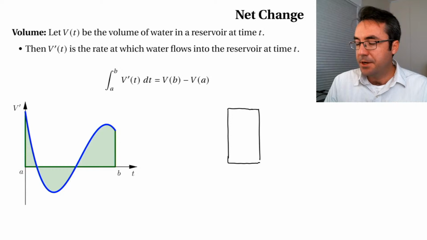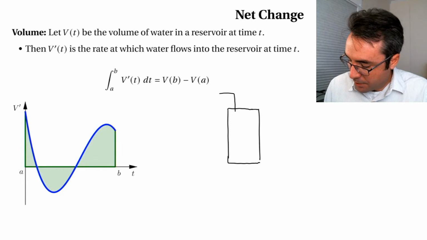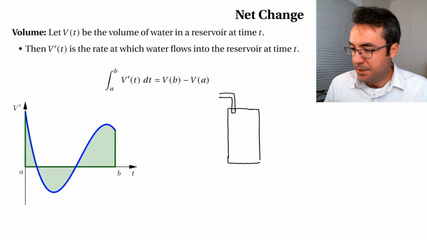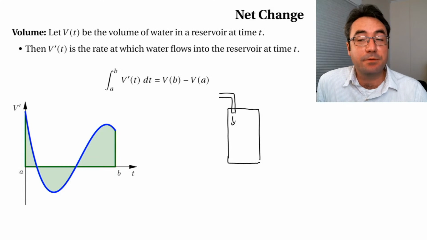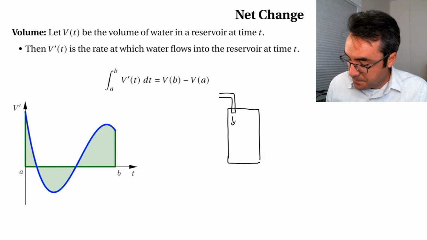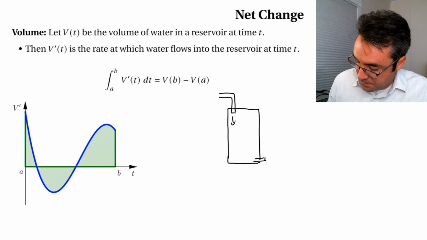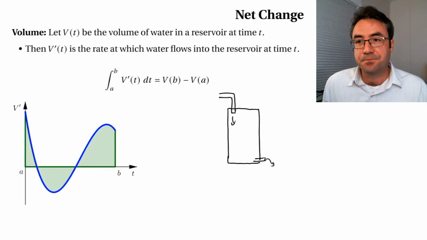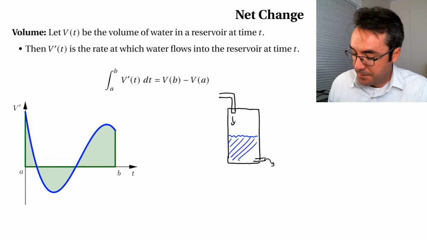So here's our reservoir, and maybe water can come in. So there's a possible place where water can flow in, and maybe there's a drain. So there's a place here where water can flow out. And what v of t is measuring is the volume of water in this tank.